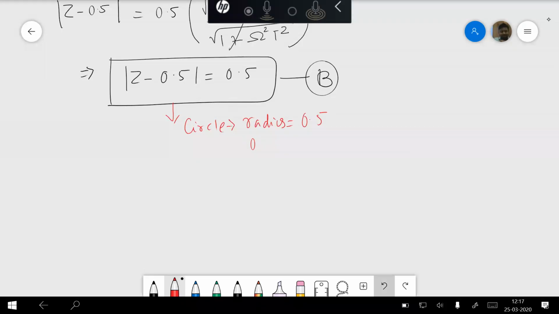What is the coordinate of the center of this circle? Good. This is going to be 0.5 comma 0. That means x is 0.5 and y is 0. So that means this particular equation number B represents what?